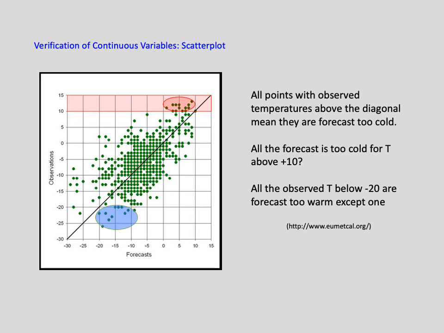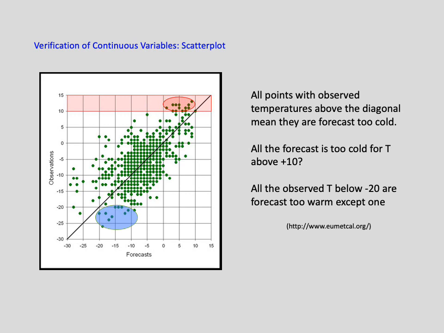If the forecast is perfect, then the forecast and observation values should be represented by the diagonal at 45 degrees. In this figure, all the points above the diagonal indicate they are forecast too cold, and those below the diagonal are forecast too high.